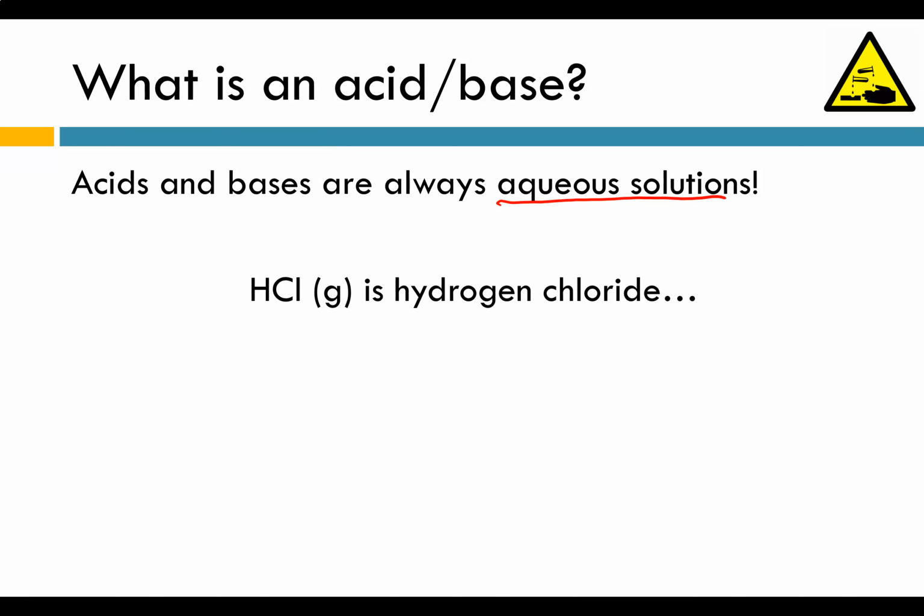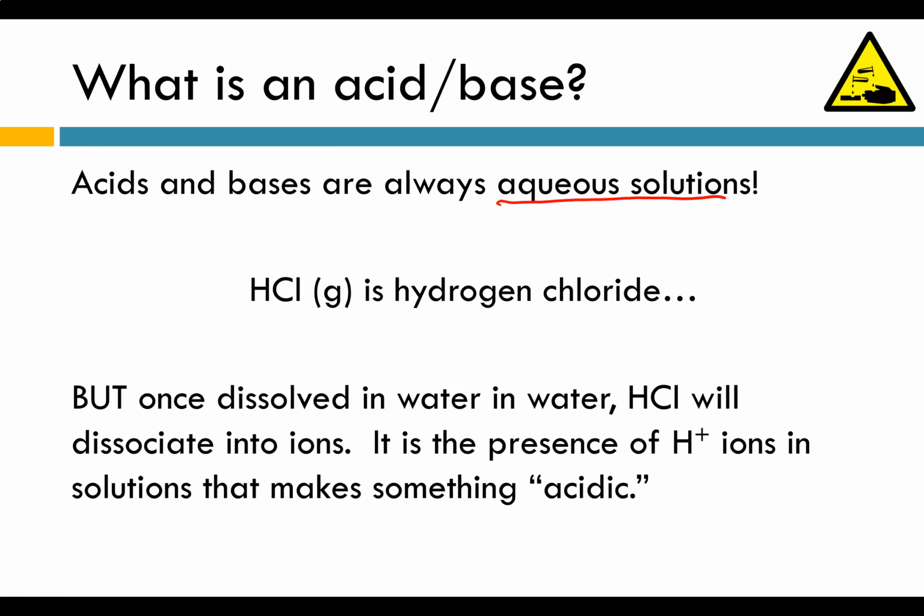If you want hydrogen chloride to behave as an acid, we've got to take the HCl and dissolve it in water. Once you dissolve hydrogen chloride in water, it's going to dissociate into ions. Specifically, as you might guess, the H plus and Cl minus ions. It's that presence of H plus ions that is going to make something acidic.